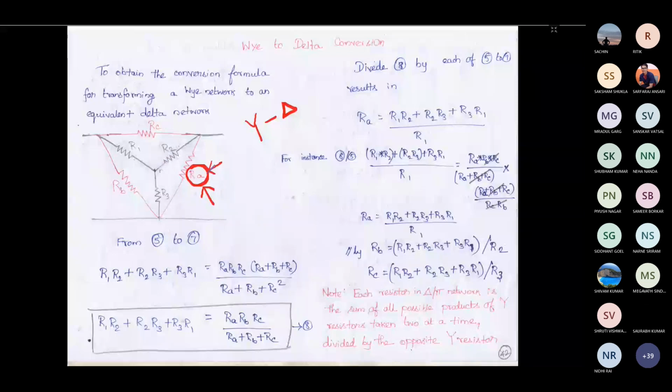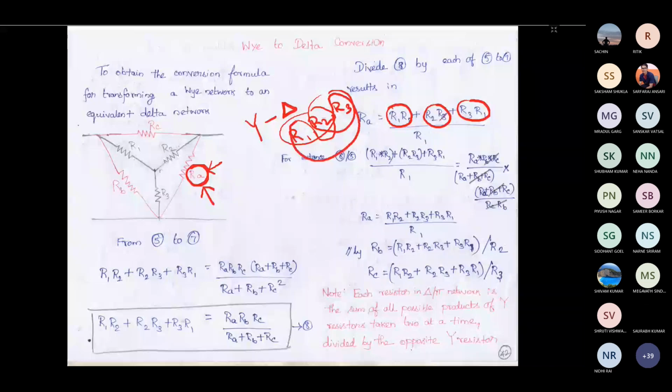Now I want to find RA. So what I need to do is multiply the resistances like this: R1 into R2, then R2 into R3, then R3 into R1. You have only three resistors, R1, R2, and R3. You multiply two combinations, that's all. You multiply these combinations for the numerator and add them: R1 into R2 plus R2 into R3 plus R3 into R1.